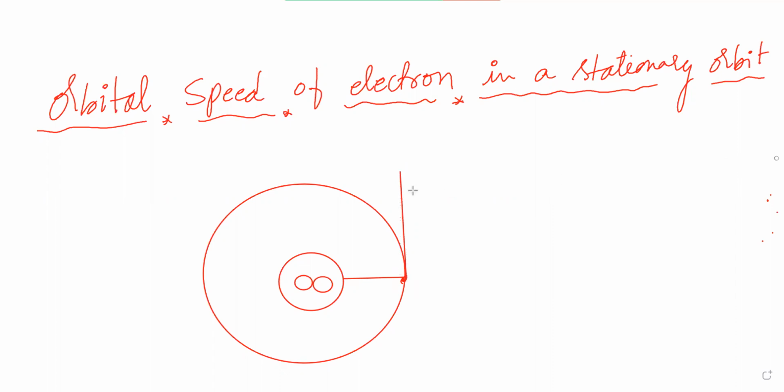Here I have drawn the tangent, which is the direction of the revolving electron, which is moving with the velocity v. The charge of the electron is minus e, m is the mass of the electron, r is the radius, e is the charge of the nucleus, and Z is the atomic number.